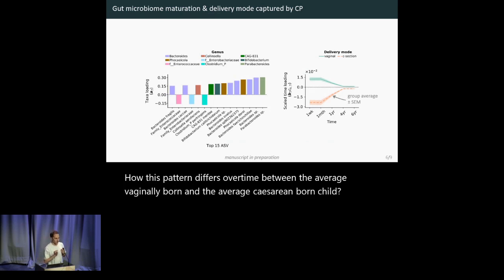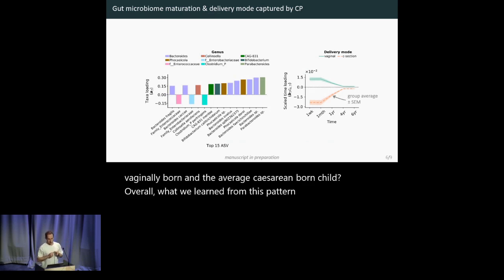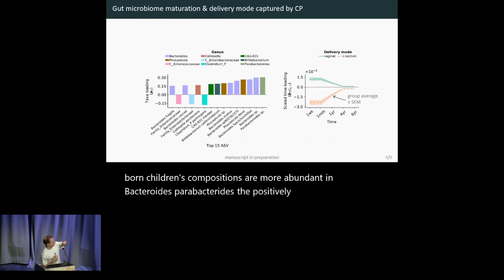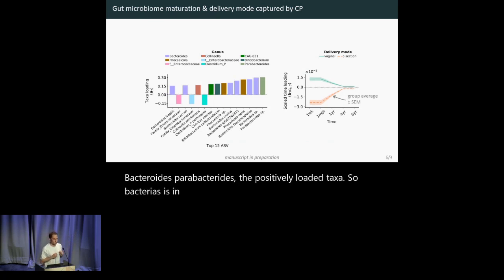Overall, what we learn from this pattern is that vaginally born children's compositions are more abundant in Bacteroides, Parabacteroides, the positively loaded taxa. So Bacteroides is in purple for those who are sitting upstairs. And they have less of the negatively loaded taxa, so Clostridium, for example.